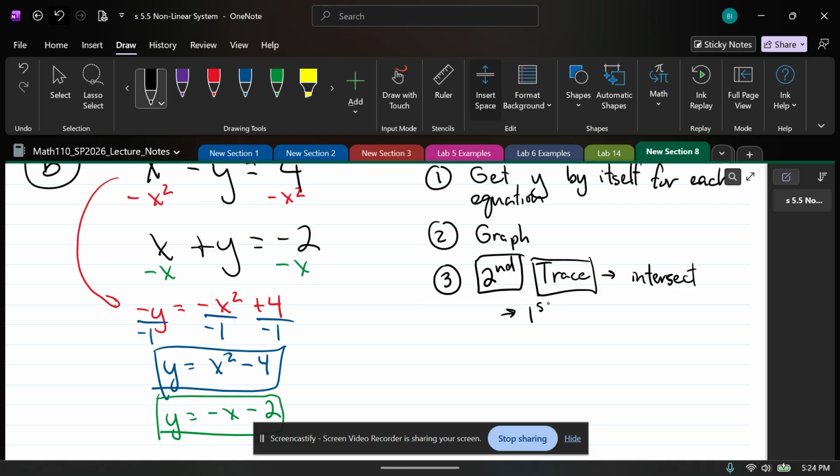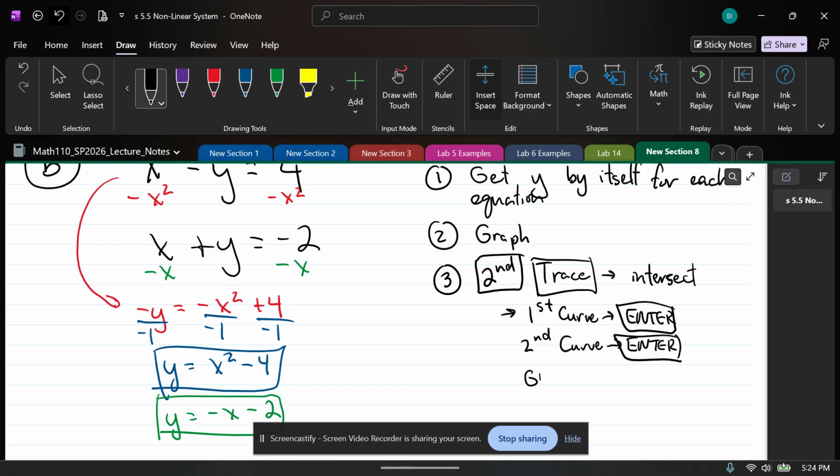First curve, hit enter. Second curve, hit enter.